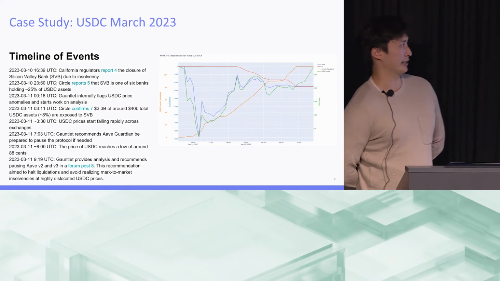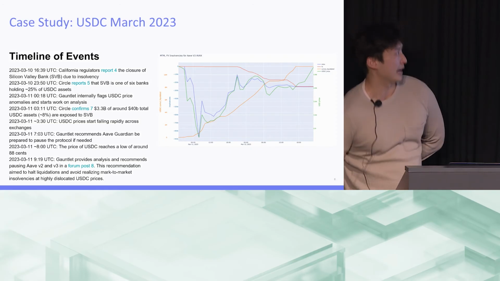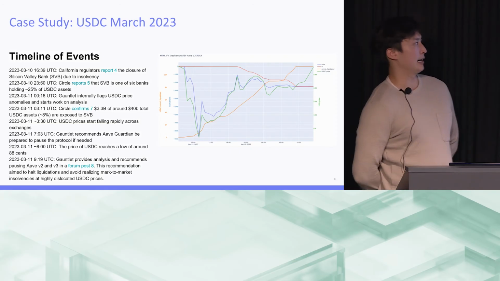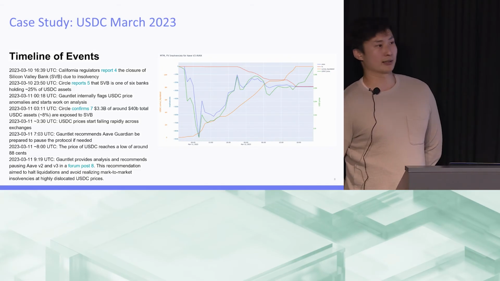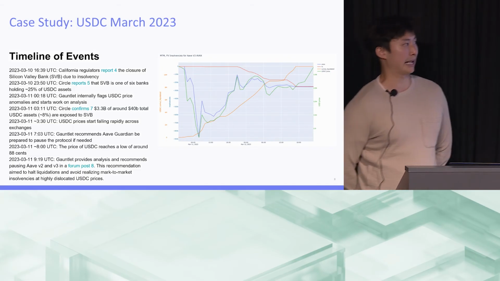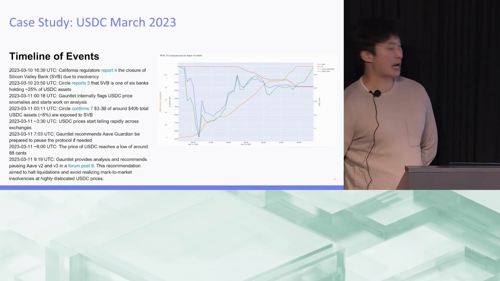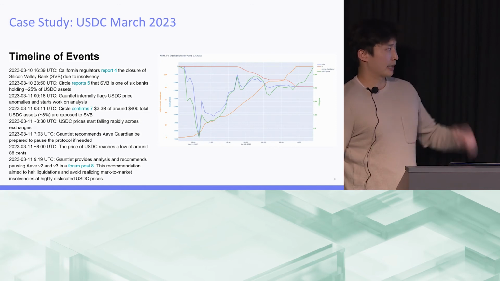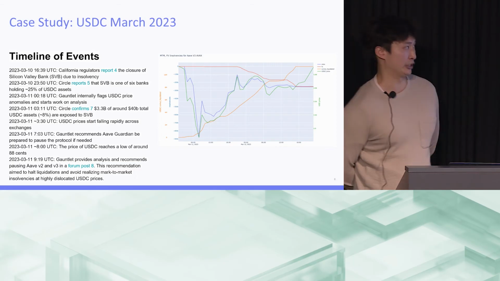To highlight the timeline of events that happened with the USDC depeg, on March 10th, California regulators reported the closure of Silicon Valley Bank. This is clearly a real-world implication. This is not just DeFi contained, but the effect of this announcement and this unraveling of events was price discovery in USDC.